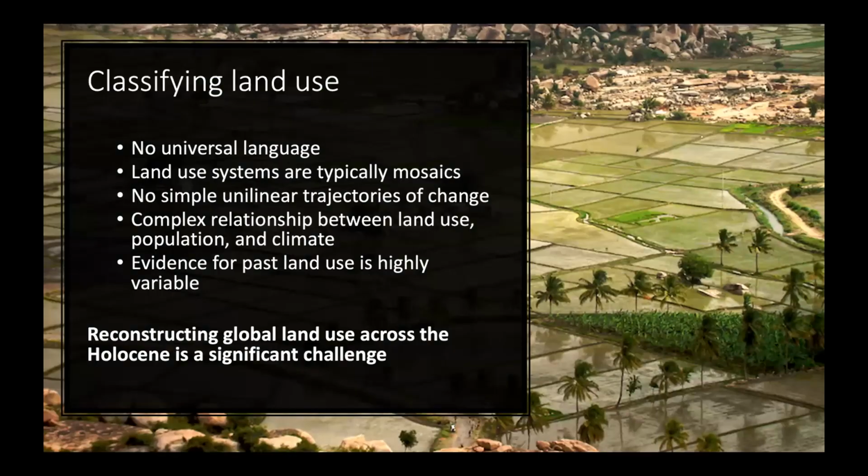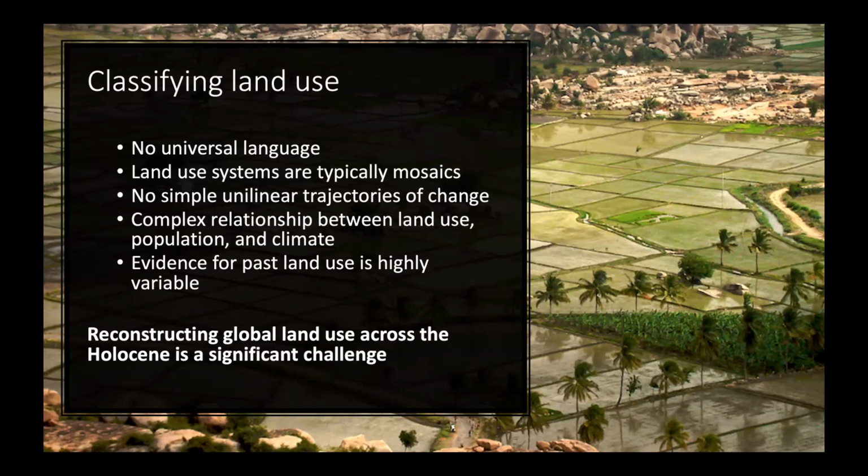So this is a challenge. There's no universal language for classifying land use and talking about how the archaeology maps on to land use. Land use systems are typically mosaic, so we get different kinds of land use closely packed together at various points in time. We shouldn't expect simple unilinear trajectories of change, where everything changes from hunting, gathering, foraging, fishing to agriculture, and it never goes back.